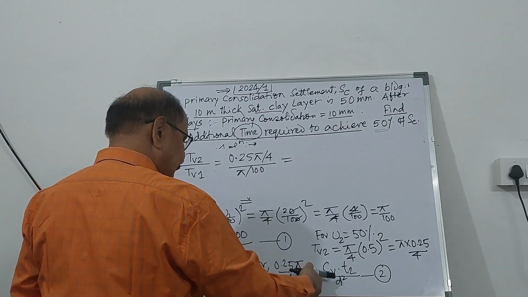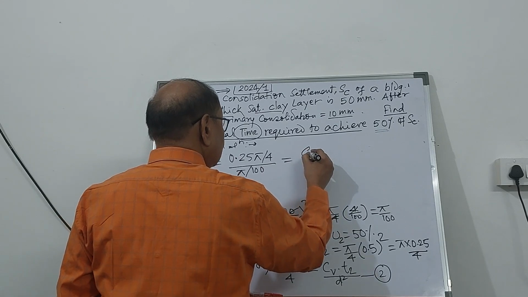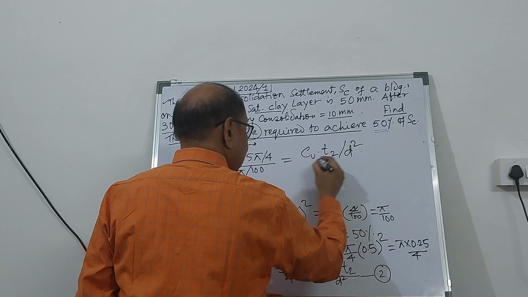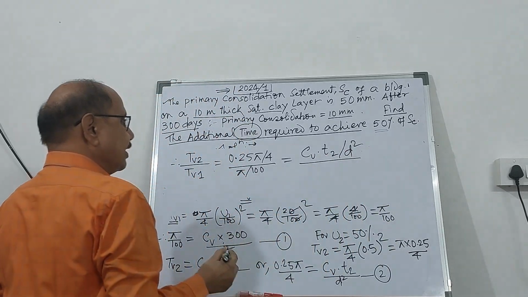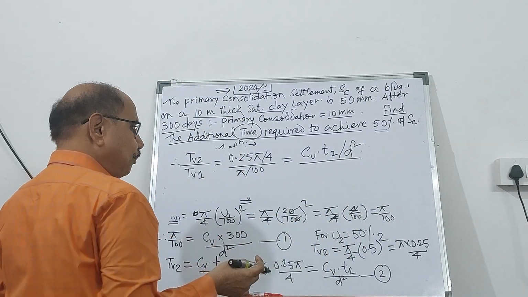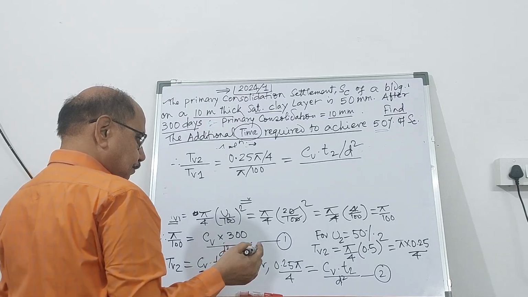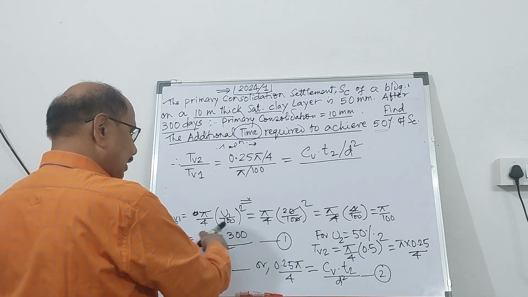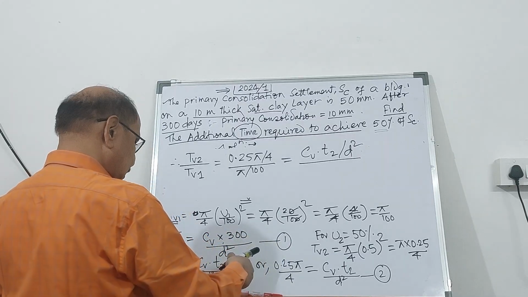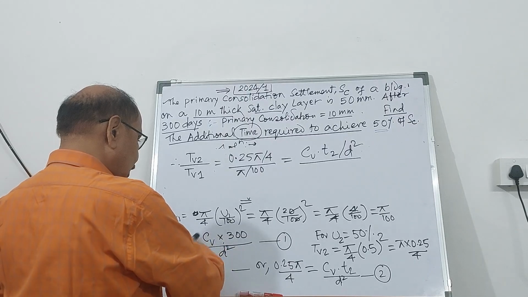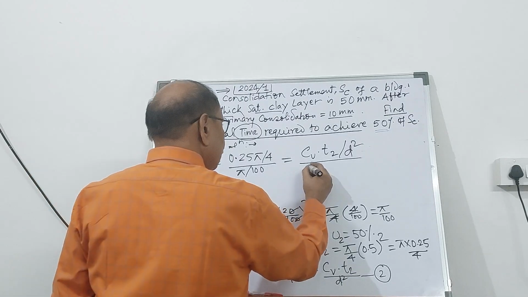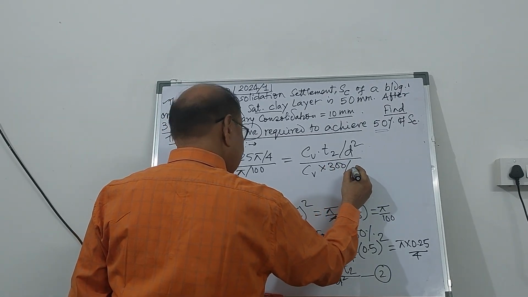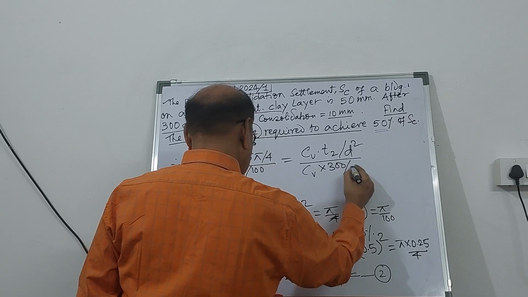TV2 is given by CV T2 by d square, where d is the drainage path, which remains the same, divided by TV1, which is CV into 300 days divided by d square.